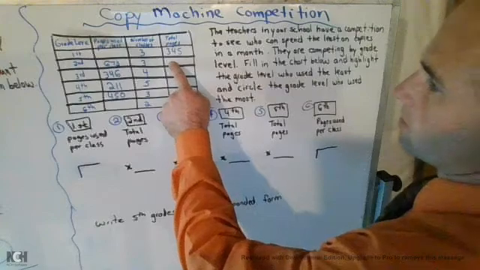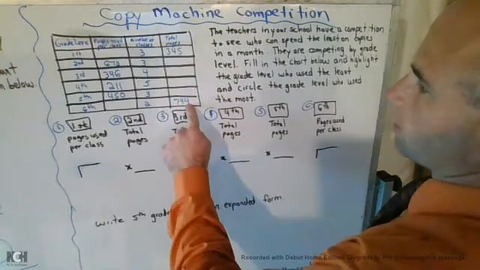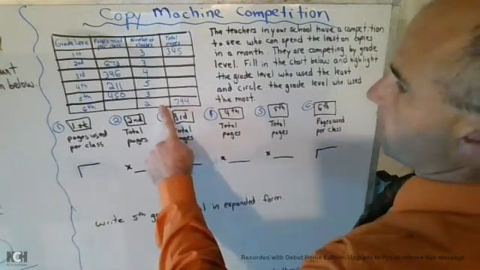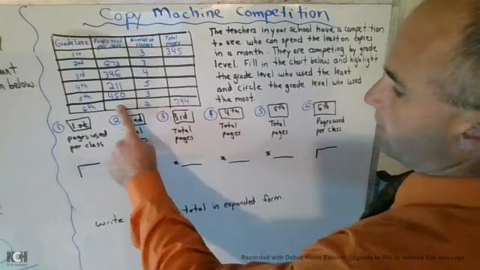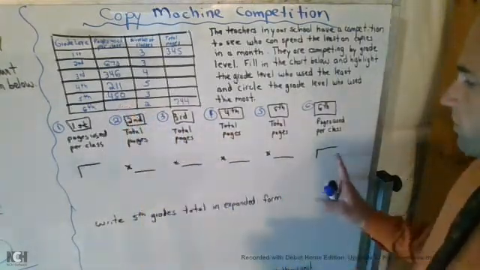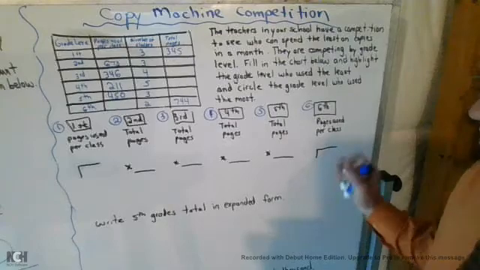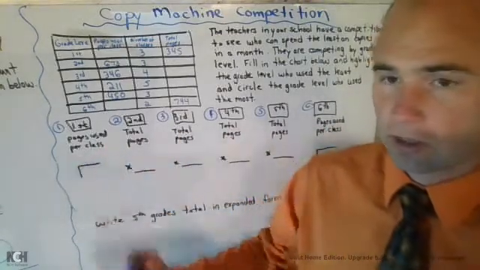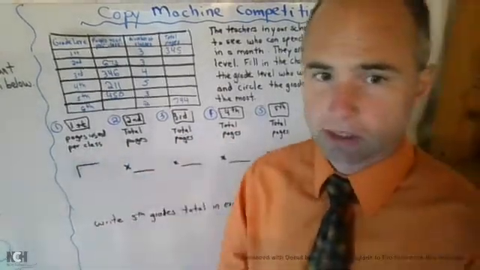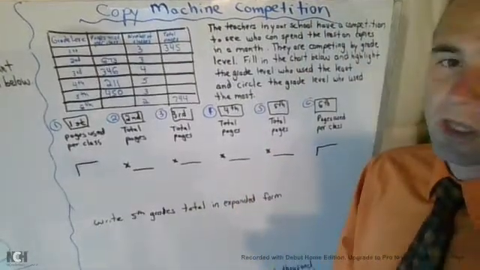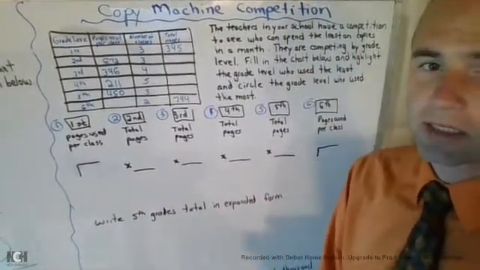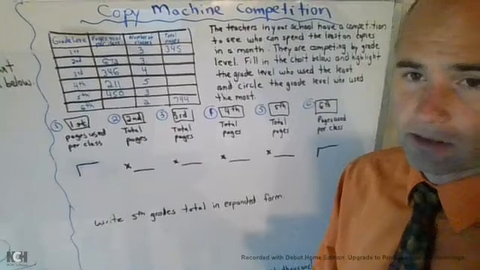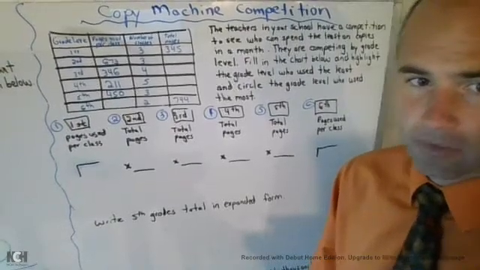So total pages divided by the number of classes will tell you how many pages per class. So another division problem. All right, so you're going to do all of these on your own, come up with these solutions, okay? And then plug them in on the Google form.